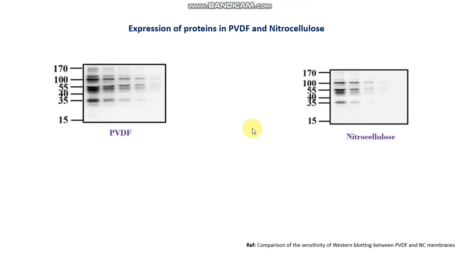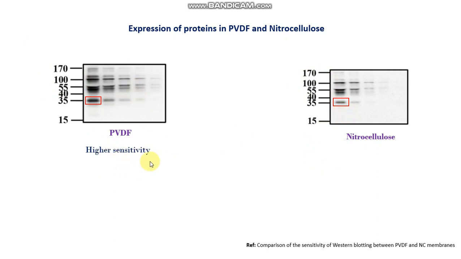Next is the expression of the proteins in PVDF and nitrocellulose membrane. Here I will show you two different blots with the same protein. We ran two different membranes but the same protein sample. Here you can see in the PVDF membrane, the protein binding is stronger, but in the case of the nitrocellulose membrane, the same protein sample binds weakly.